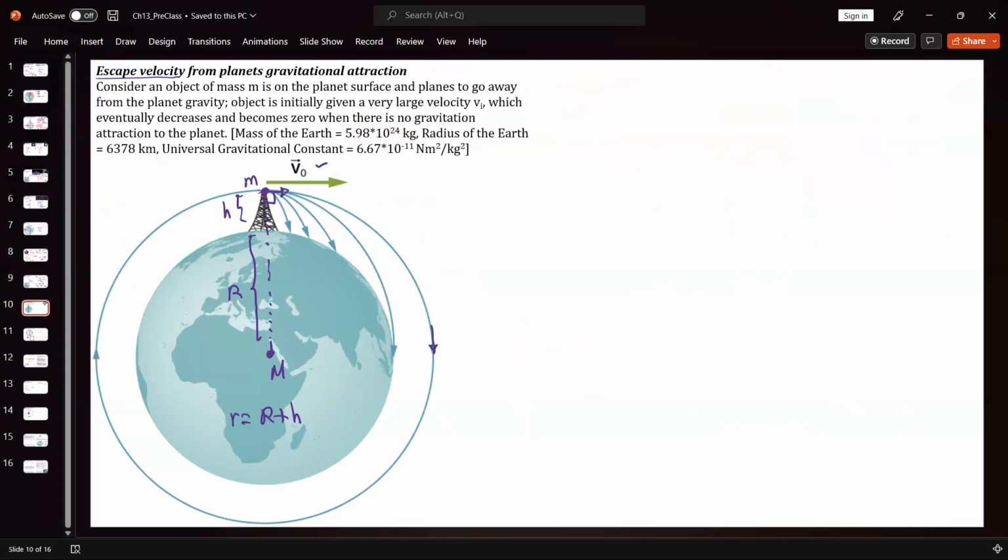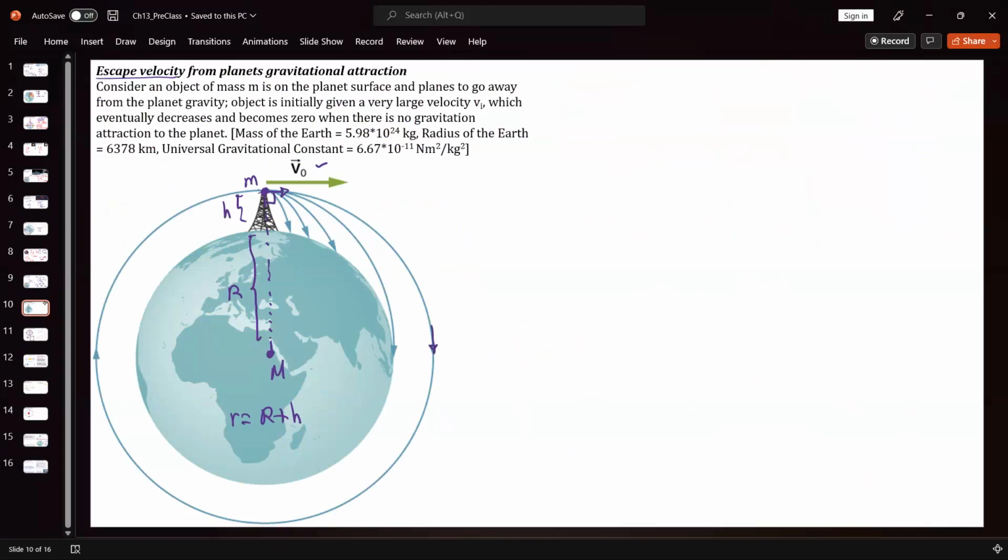It will not go into the parabolic orbit. It's not going to come back to the Earth's surface. It can go into the circular orbit if the initial velocity is high enough. But if I increase that initial velocity further, the object can completely go away from the Earth's gravitational attraction. That we call the escape velocity, right?